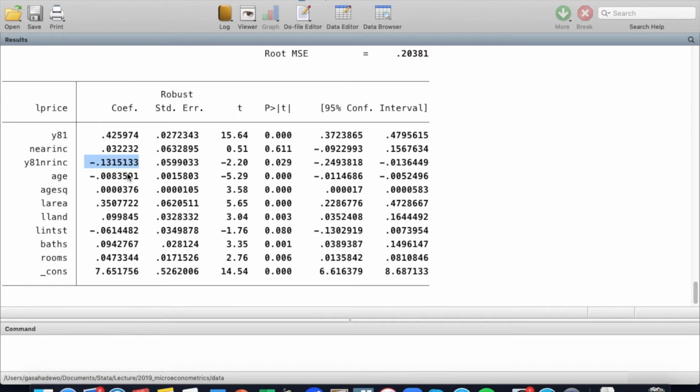It is actually now 13%. So what would be the reason why the previous estimation was underestimated? Well, the first thing that we can argue is that the characteristics of houses far from and near the incinerators are very different, and that difference could be correlated with near inc, so not taking into account those factors could lead to a biased estimate of the impact.